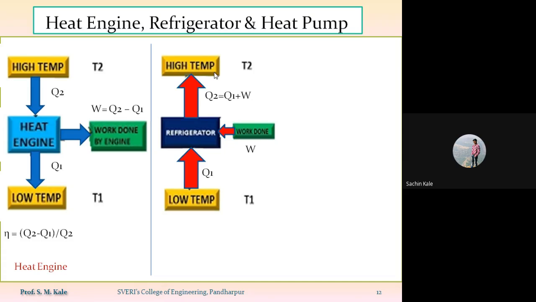Fridge मधला जो portion असतो त्यामध्ये काय असतो? evaporator portion असतो. So at the inlet of the evaporator, you will have the liquid refrigerant, which will be maintained at a lower pressure.